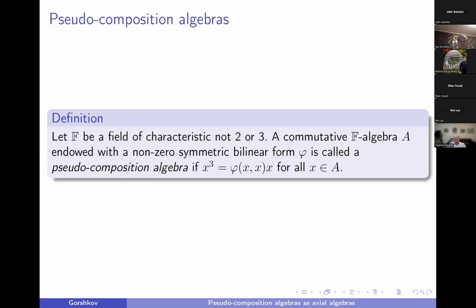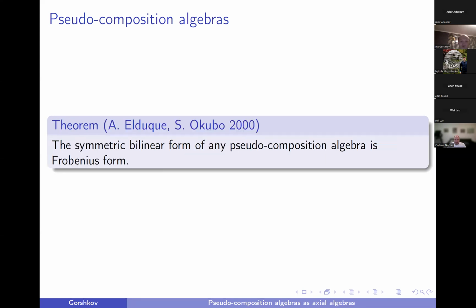These algebras were introduced as a generalization of composition algebras, and there are a lot of results about these algebras, but only those results are interesting for us which we can use when we look at this algebra as an axial algebra.